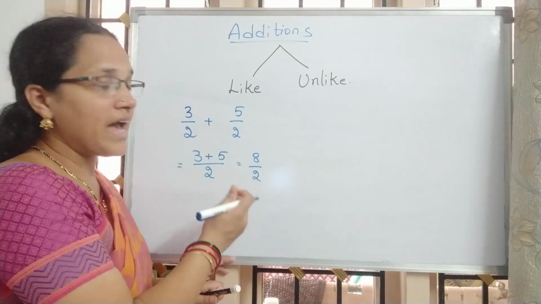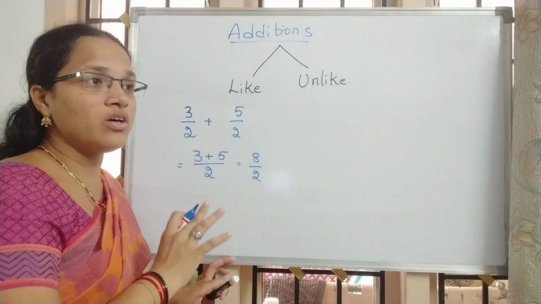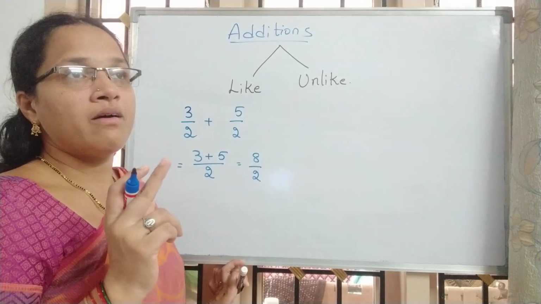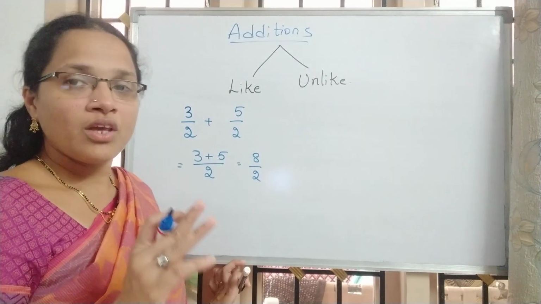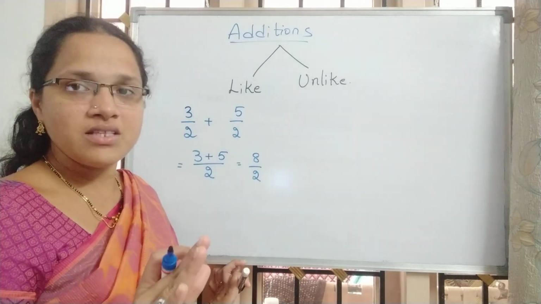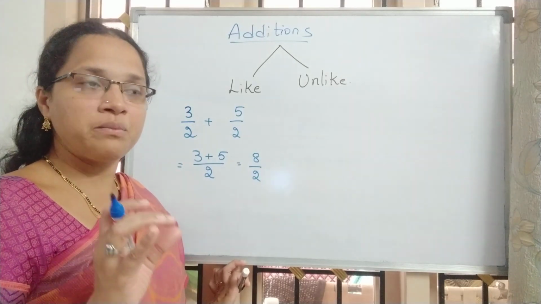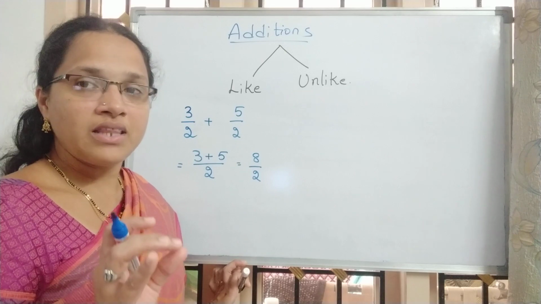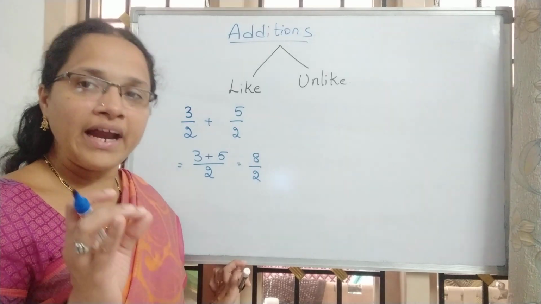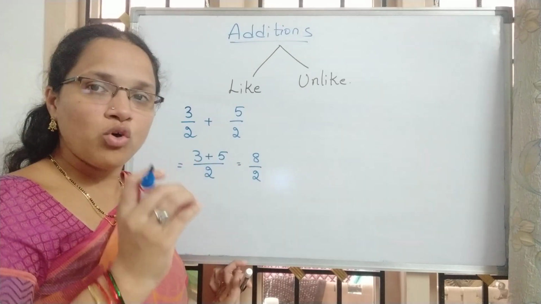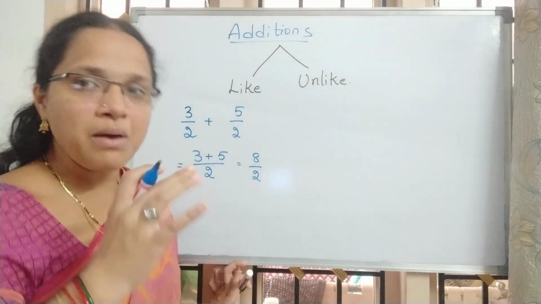In fractions, whatever arithmetic operation you do, whether it is plus, minus, into or division, you have to convert the final answer into the simplest form. I told you in the previous videos about the simplest form: you divide both the numerator and denominator by the same number.